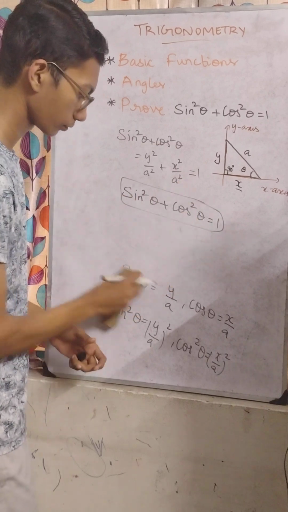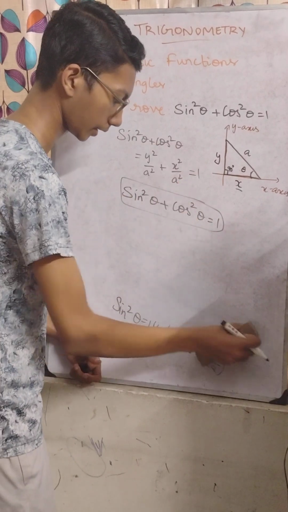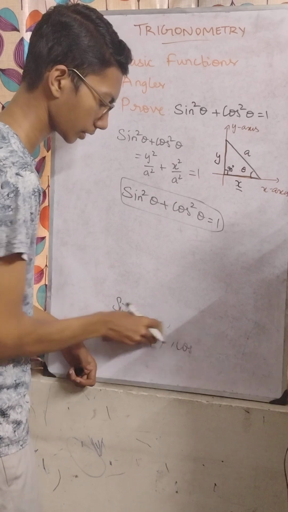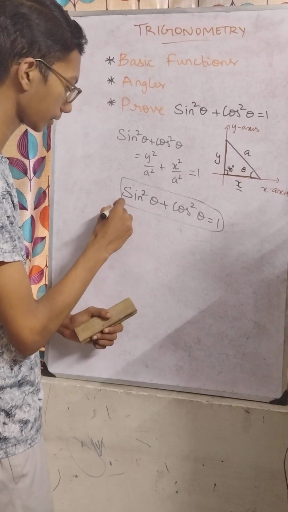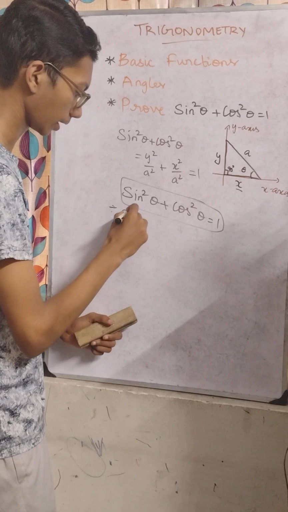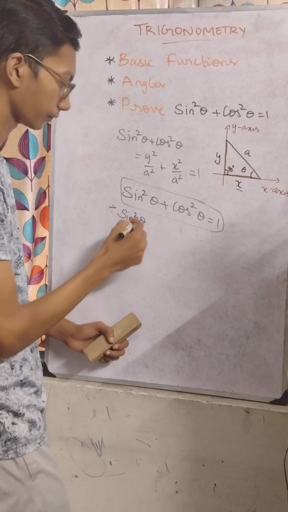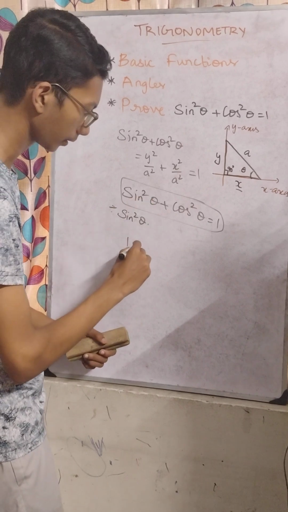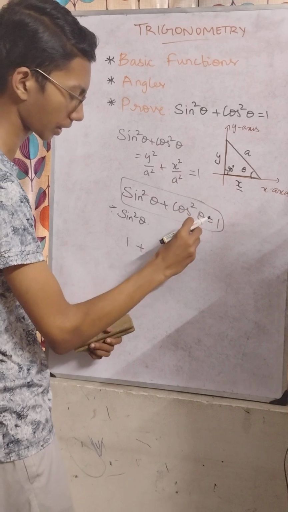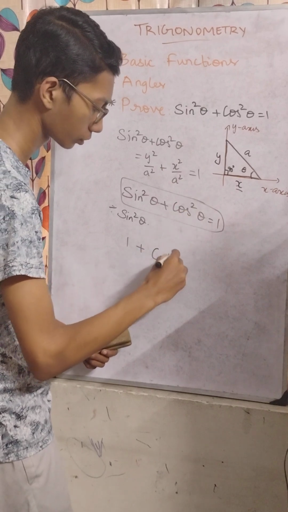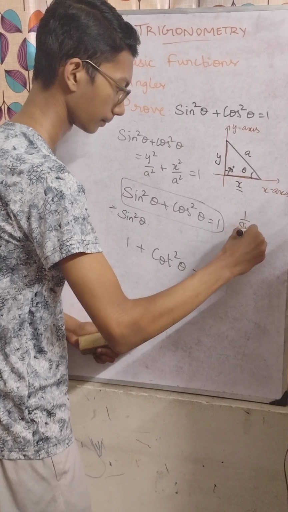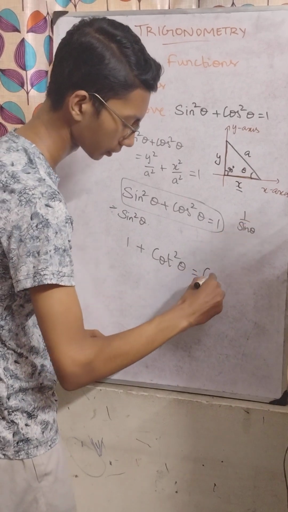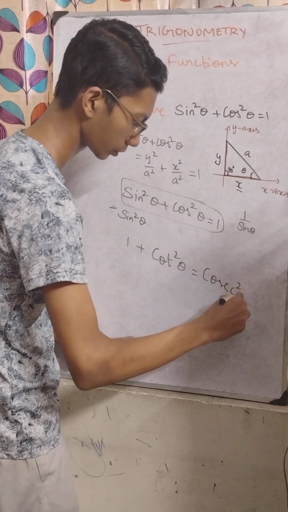From this we can actually get two more identities, just by dividing this equation. If we divide this equation by sin square theta, we get 1 plus cos square by sin square, where cos by sin is cot, so cot square theta, equals 1 by sin square, where 1 by sin is cosecant, so cosecant square theta.